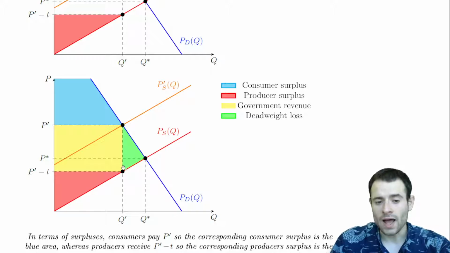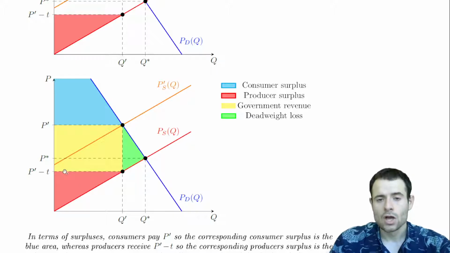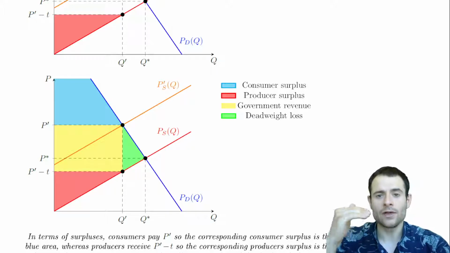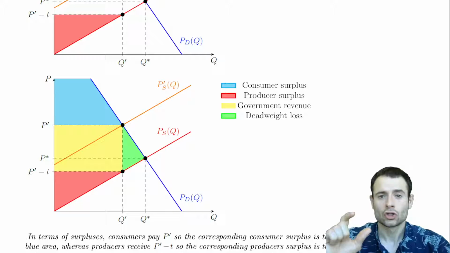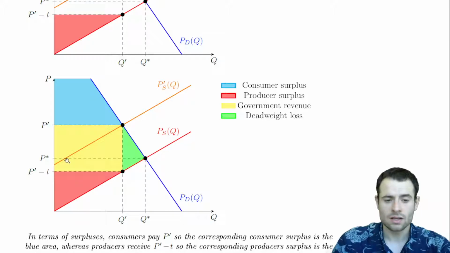This comes from the fact that the new price P prime is higher than P star, and the difference between P prime and P star is bigger than the difference between P star and P prime minus T. So compared to before, consumers are paying a higher price. The difference in the price that they pay is higher than the difference in the price that firms are going to receive.